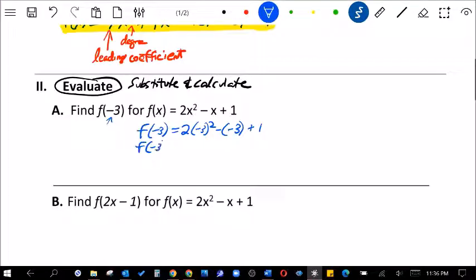So the function at negative 3 is equal to 2 times 9, because negative 3 times negative 3 is positive 9, plus 3 plus 1. That's the number 22. So f of negative 3 of the function, when negative 3 is the input value of x, leads to a result of 22. That's what I thought.